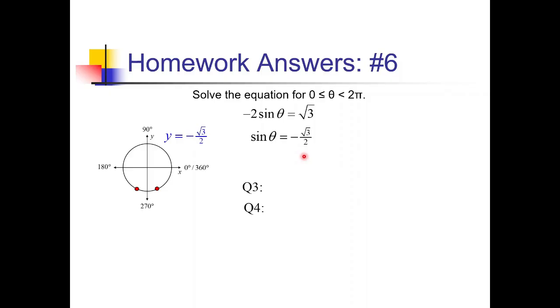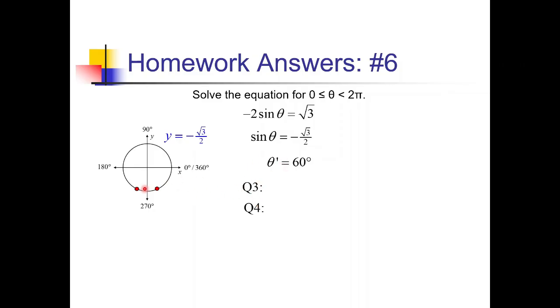So I'm asking myself, sine of what angle equals radical 3 over 2? Well, you might remember that that's sine of 60. So 60 is my theta prime, my reference angle for this problem. So to get these answers, I have to start at the nearest x-axis and move 60 degrees into these two quadrants.